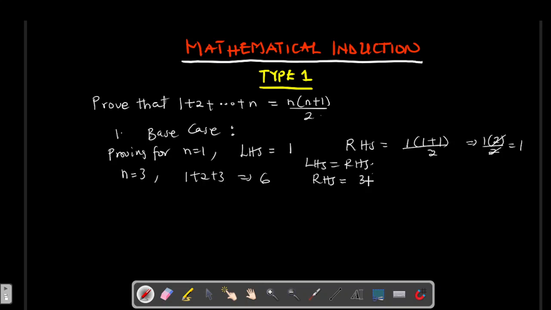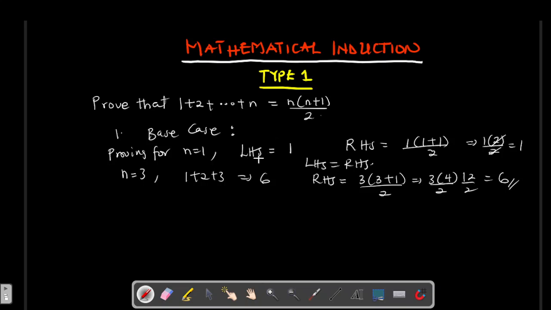I'll have 3 multiplying 3 plus 1 all over 2. This gives me 3 multiplying 4 all over 2, and that is 3 times 4 is 12 over 2, which is 6. Hence, the left hand side and the right hand side being the same, the base case is true. So now we've confirmed, using the basic number of terms, that indeed this statement is true.